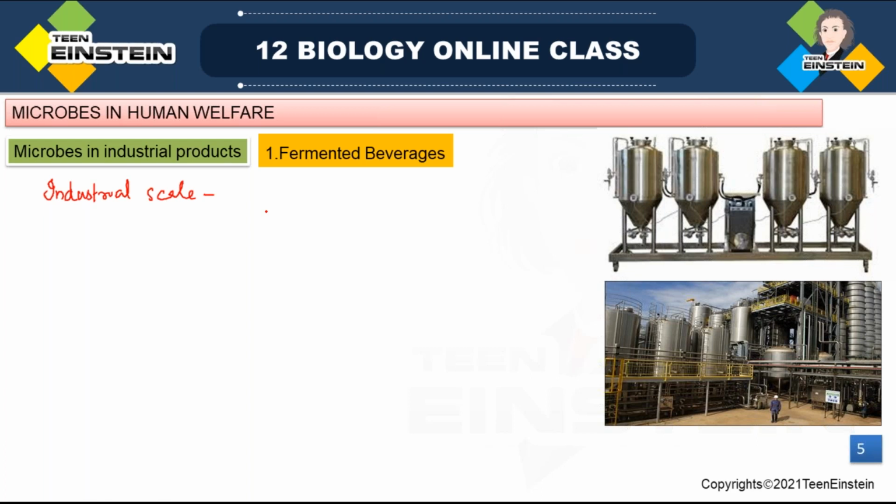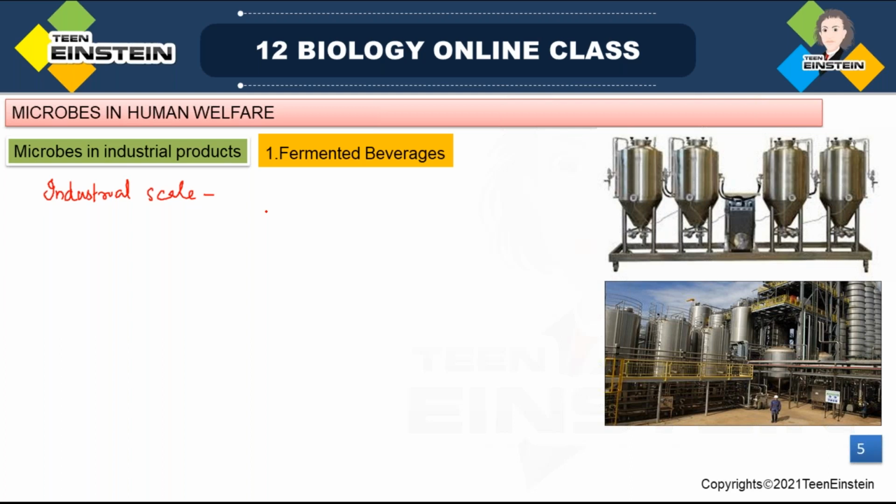They need more microbes. Okay. So what will they do if they need more microbes? The microorganisms will be grown in very large vessels.